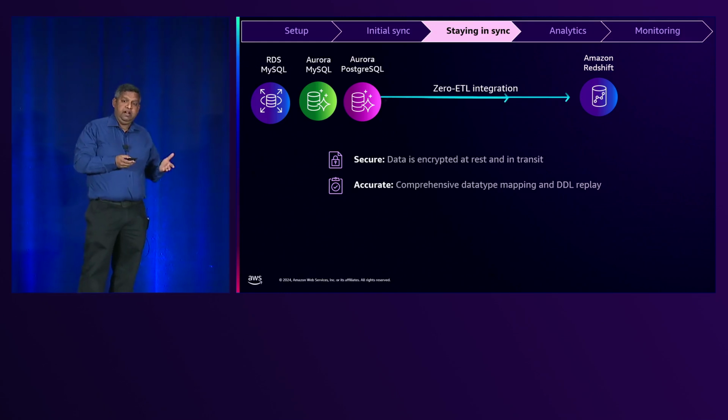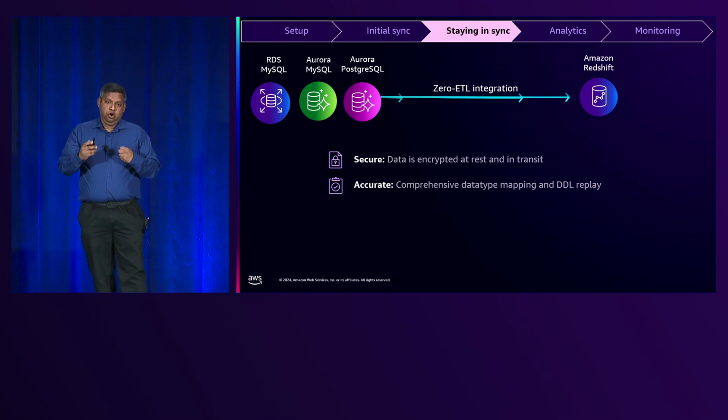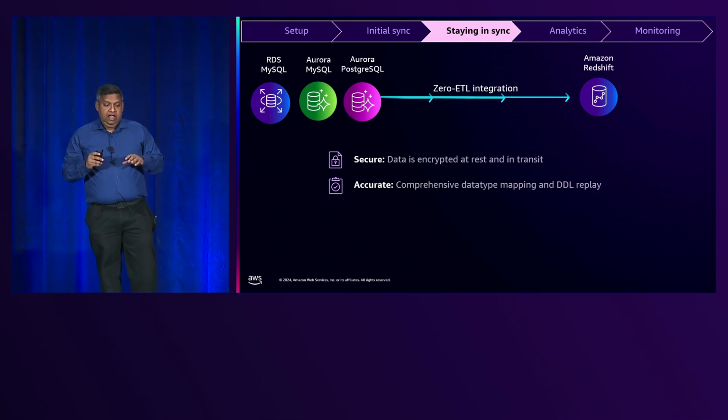Next, priority is given to data correctness, which means whatever is transferred is a transactionally consistent view and always correct. It keeps monitoring that and makes sure it's always accurate in the replication.